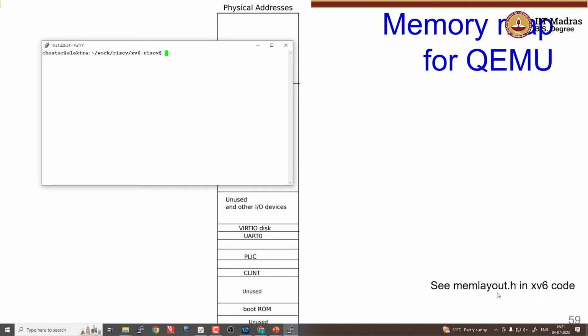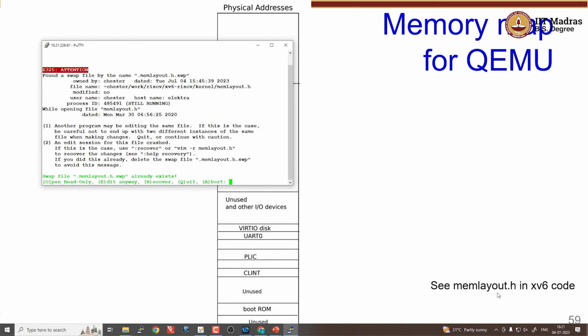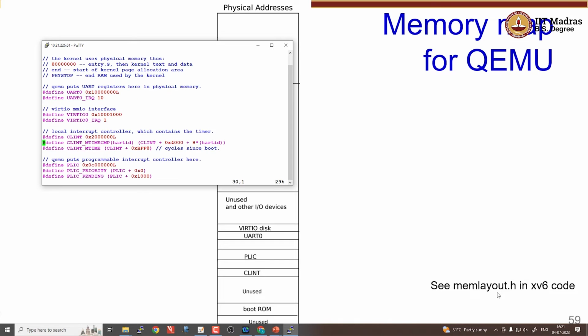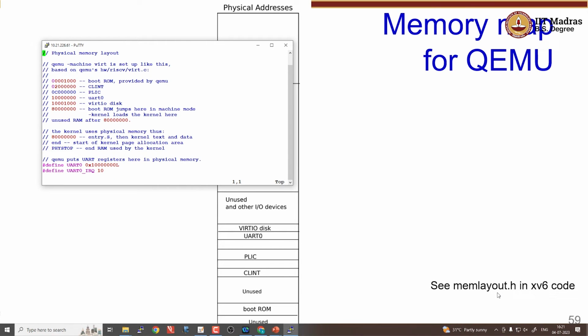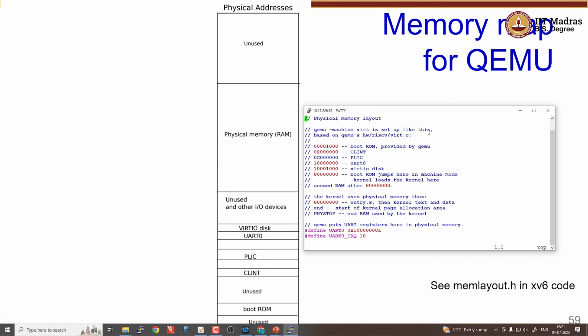That is here, right? So I go back to my x86 source code and look at memlayout.h. What you see over here is essentially the memory layout for the QEMU virtual machine.